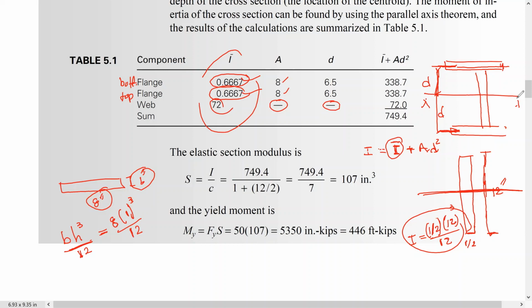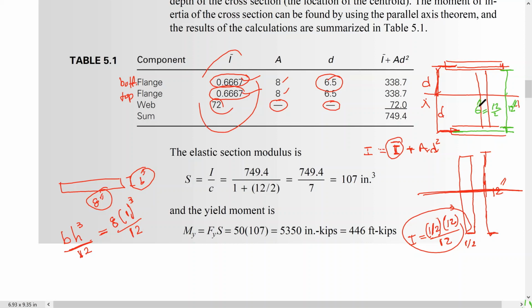So here, A, we just calculated, and how we got 6.5, let me pick a different color. Here from this point to this point is 1 foot, which is 12 inch. But the d is from here, which is half of the thickness, plus this, till this point, which is 12 over 2, which is 6.